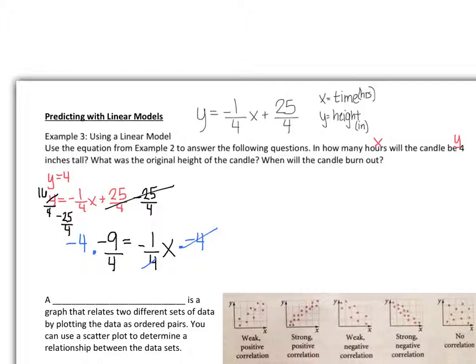So all that cancels. The negative's gone too. The 4's can cancel. And what's negative times negative 9? Positive 9. 9 what? Hours when 4 inches tall.